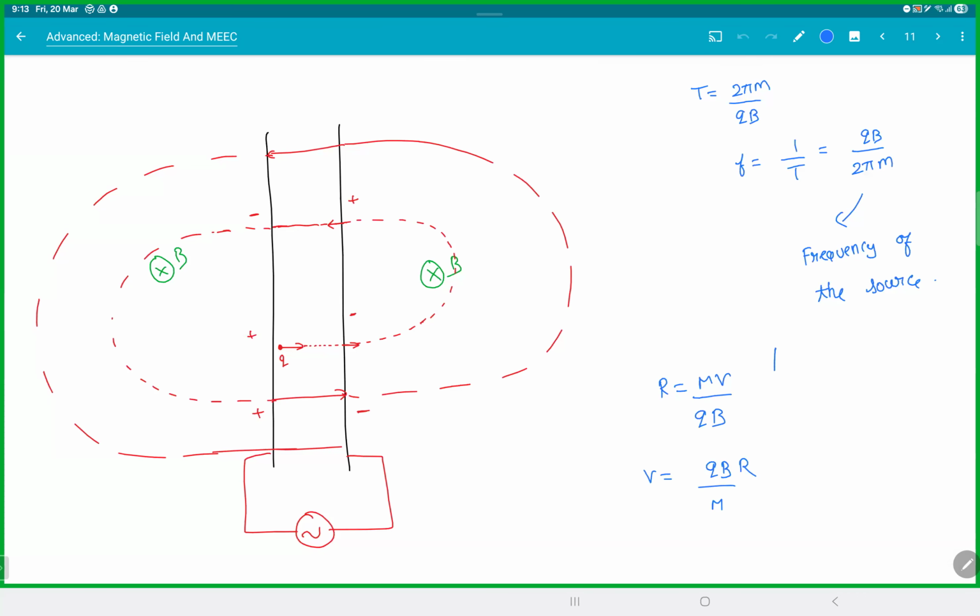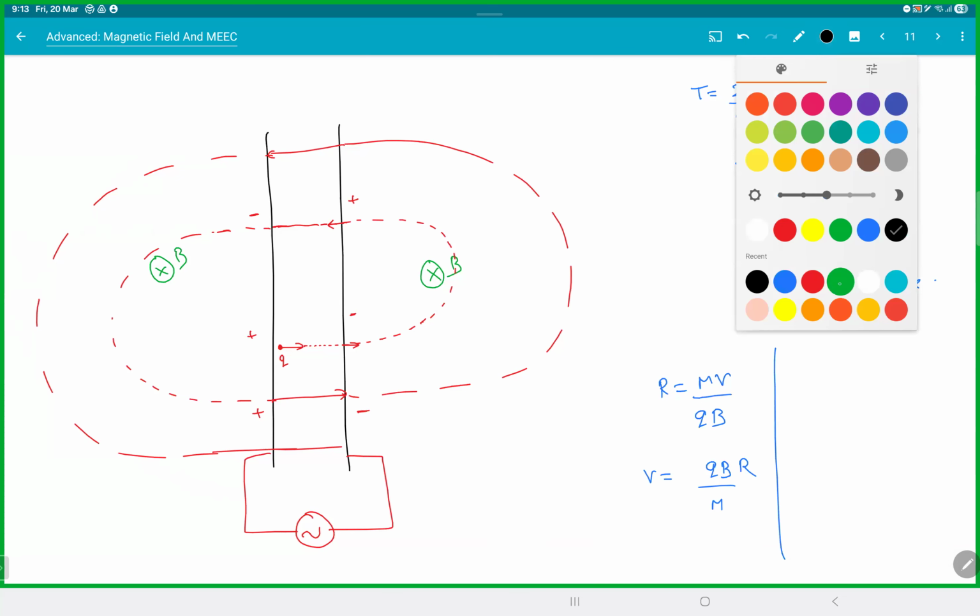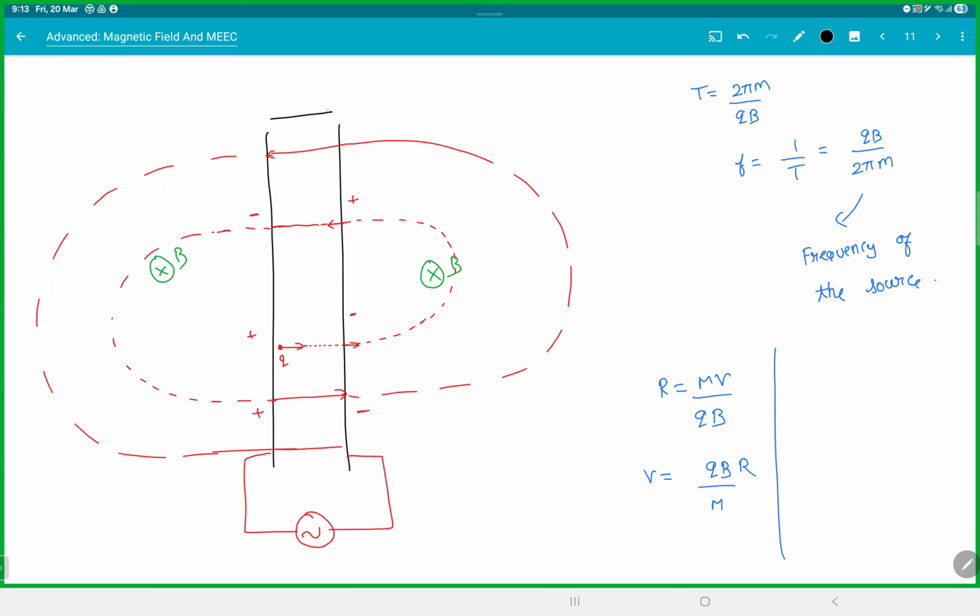So if you take the distance between them, you can also do something like this. Let's say it crosses the D's n times. You need not use a sinusoidal source. You can use a constant voltage source, which is just alternating, right?